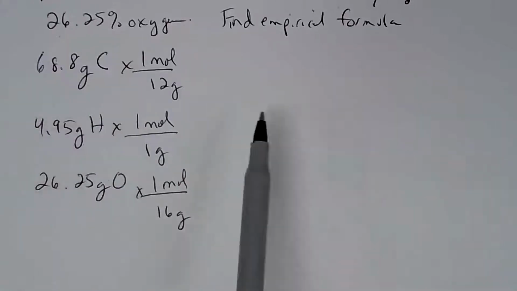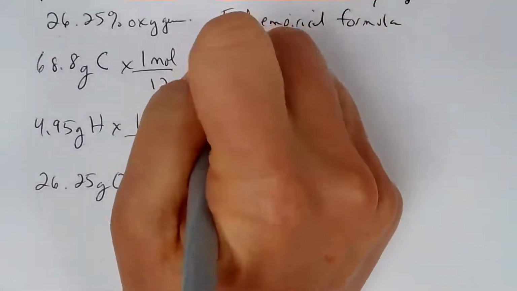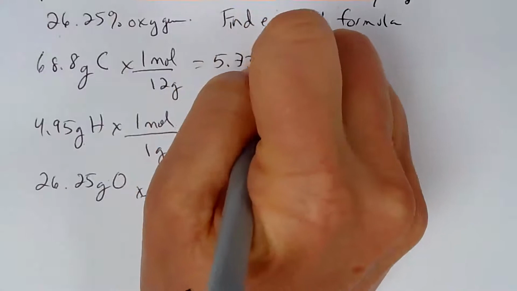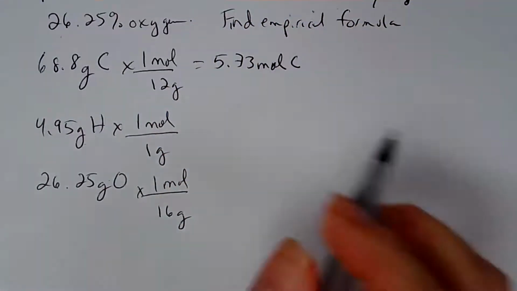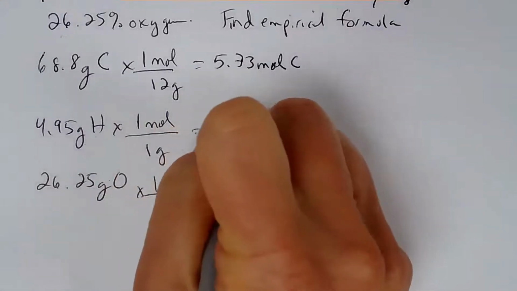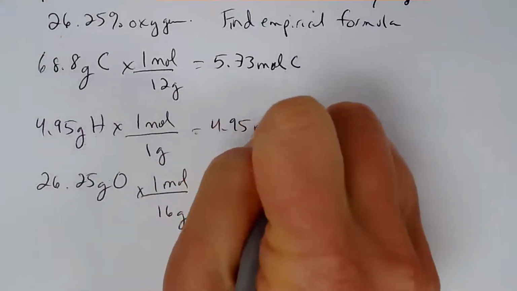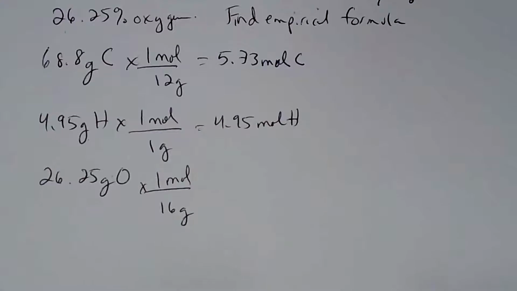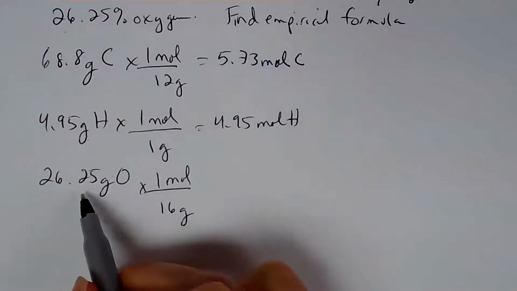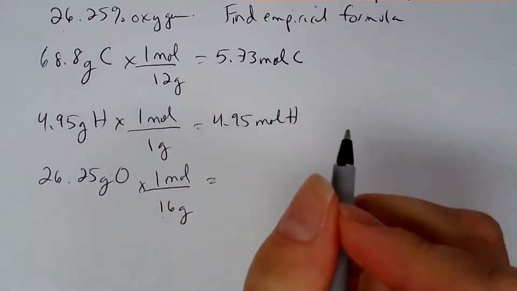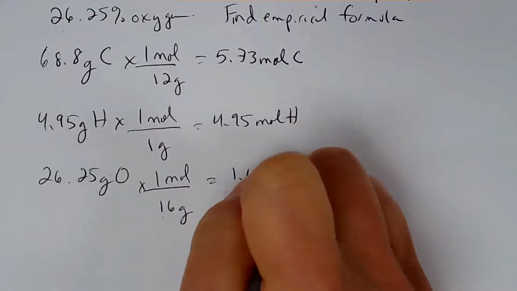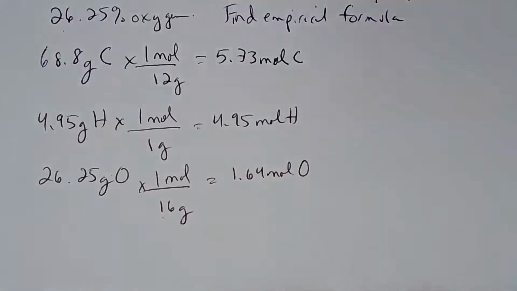So 68.8 divided by 12 is about 5.73. And that is the number of moles of carbon. And then, of course, this is 4.95 moles of hydrogen. And then 26.25 divided by 16 is about 1.64 moles of oxygen.